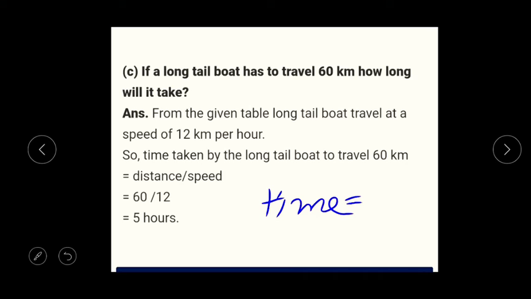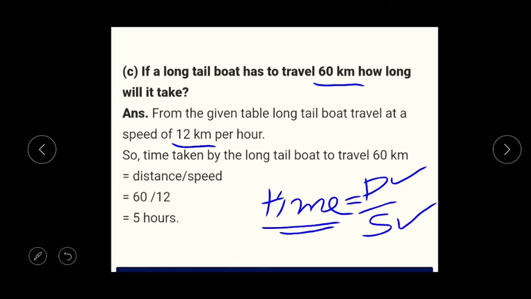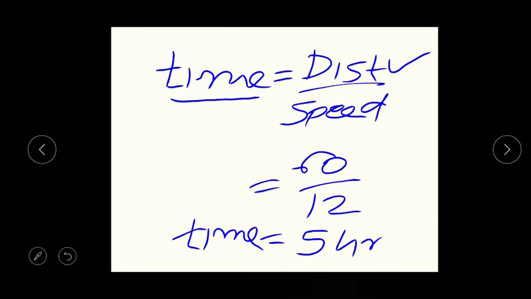Time is equal to distance upon speed. We have the distance and we have the speed. We just put distance 60 km and speed 12 km per hour, and we get time. So let's put it. We have the formula time is equal to distance divided by speed.